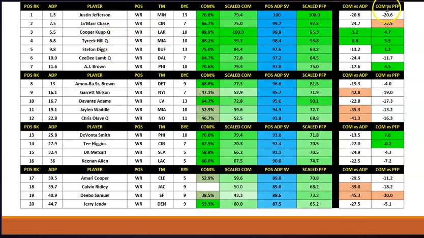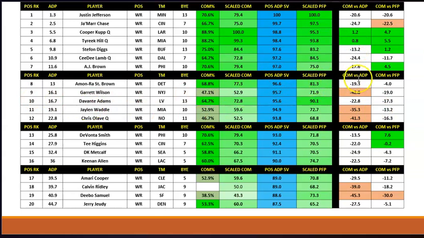Is this a real look or not? To me, as a beta test, this tells me I need to be damn sure about Lamb, Chase, and Jefferson. Do I really want that? What's the worst case scenario? What's going to stop them from being the 1, 2, or 6? That's just my question.